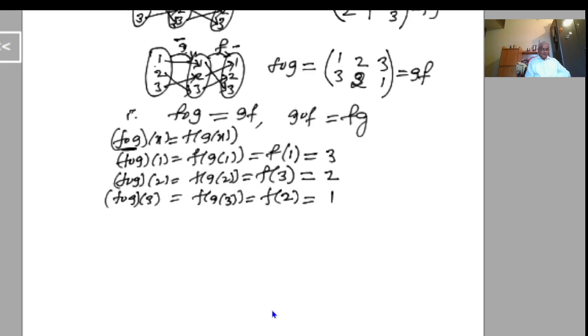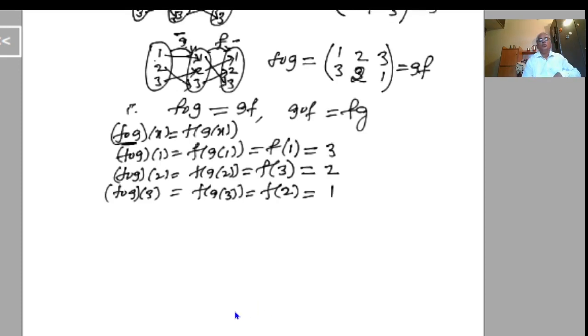So that is here, 1 is mapped onto 3, 2 is mapped onto 2, 3 is mapped onto 1. That is 3, 2, 1.